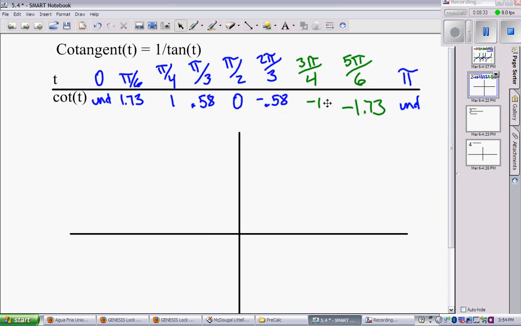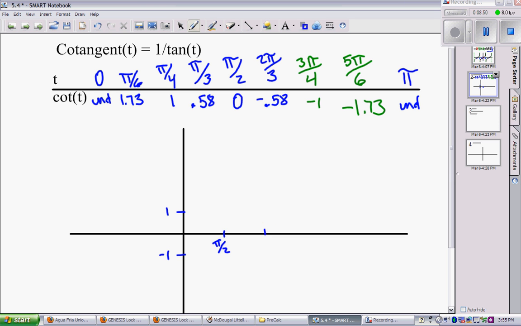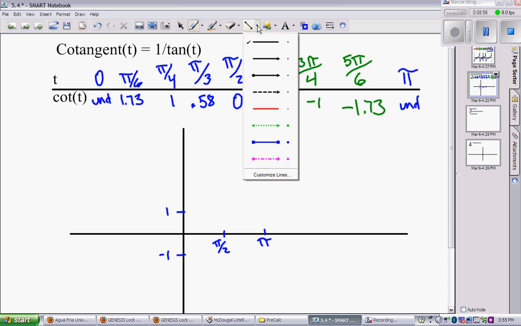So we can use these to graph. We need to put our scale on. And our period length, where the undefineds come into play, is from 0 to pi.